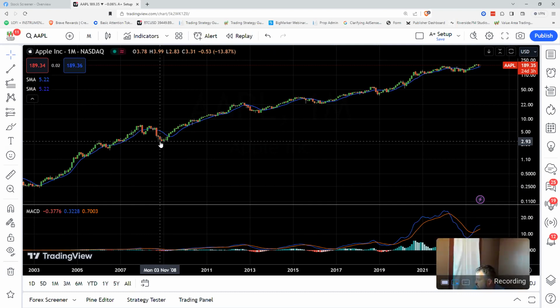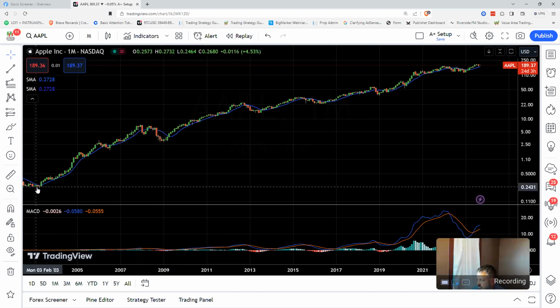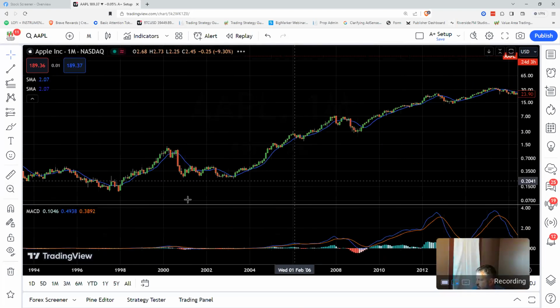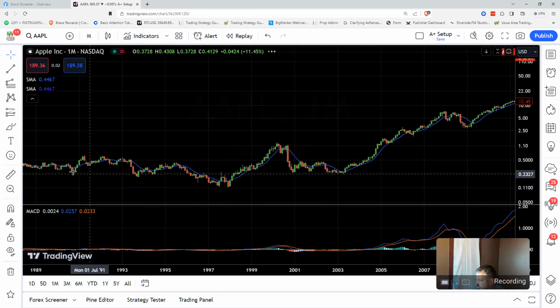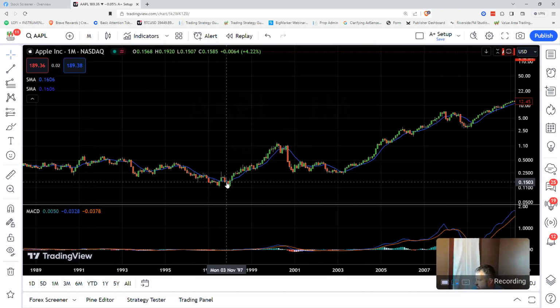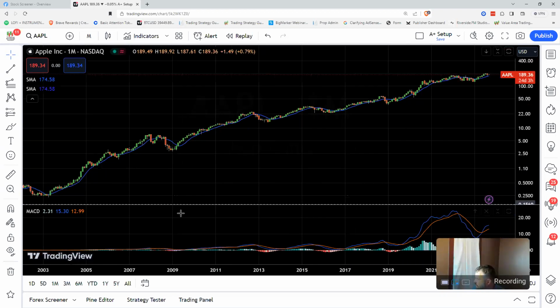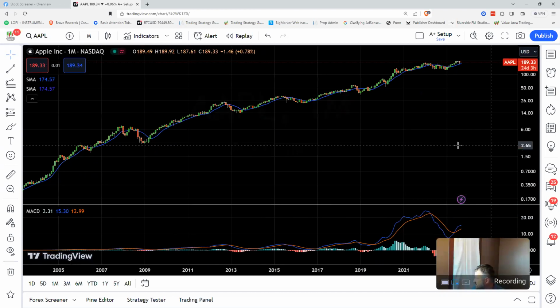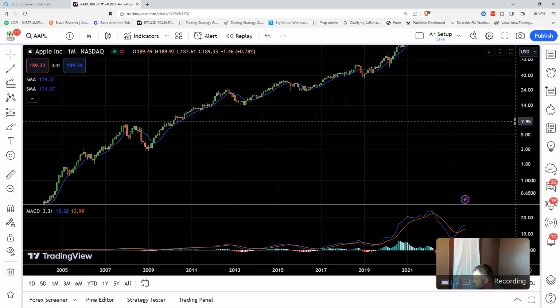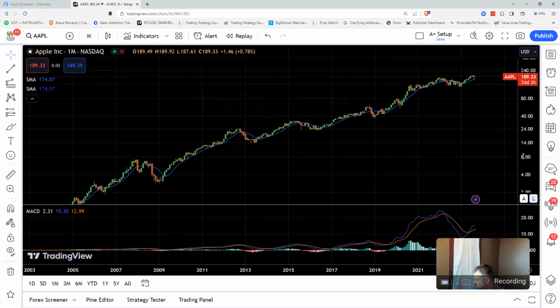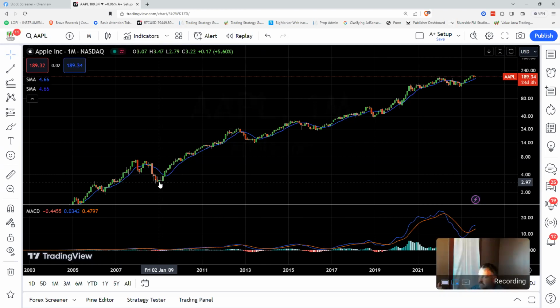And we're going on 20 years since its last, I mean, even longer, because for a while it wasn't doing that, but ever since 97, it's been amazing. So when you're trading this, you might want to look at it on a longer time frame, pull these back. This is why I like finding the good stocks. I like building that watch list so that I can find the good ones.